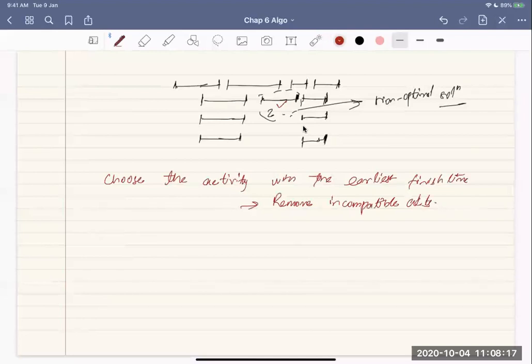Okay, and you continue. So you remove all the incompatible activities and again continue until all the requests are processed.